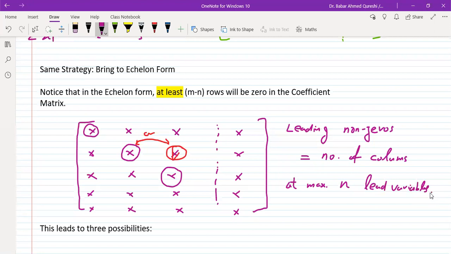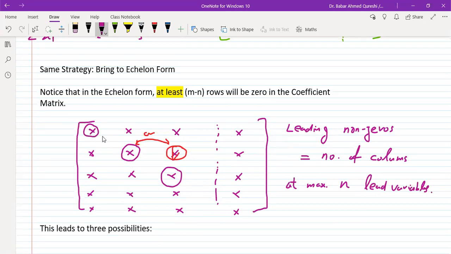And every number below the lead variables is 0. So this would mean that every row below the first n rows is going to be 0. So you will have m minus n rows which will be completely 0 in the coefficient matrix.